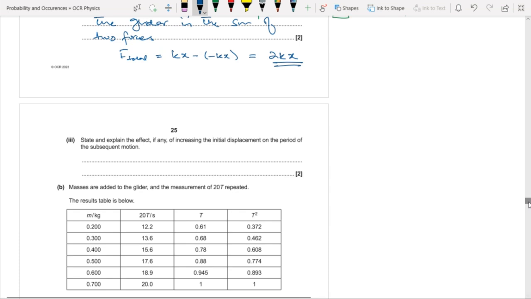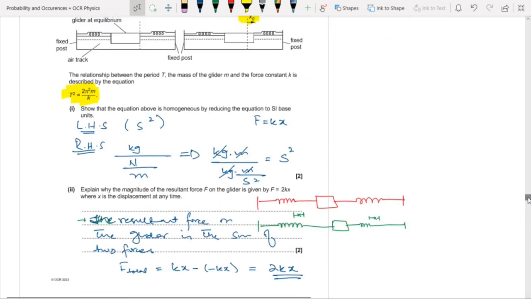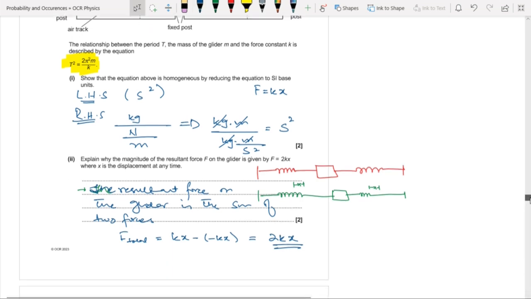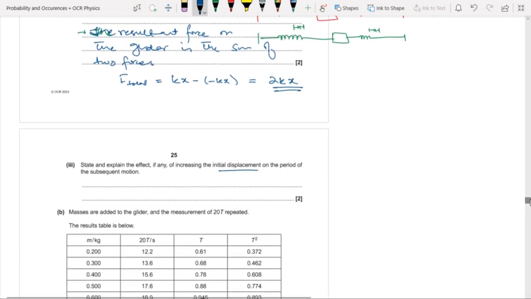State and explain the effect, if any, of increasing the initial displacement x, that's also called the amplitude, on the period of the subsequent motion. All right, so if we go to the original equation that was given to us for the time period, T squared was equal to 4 pi squared times m over k. So it appears that the time period is independent of the amplitude.